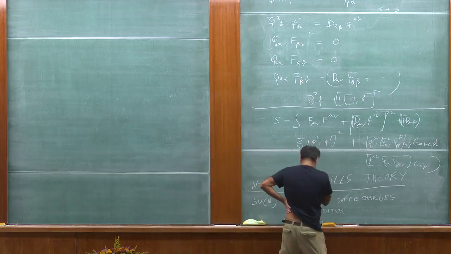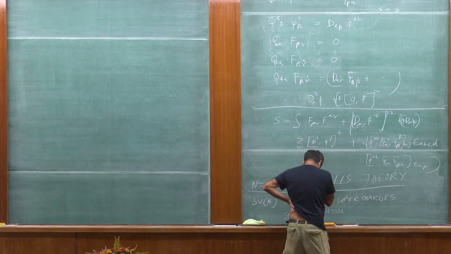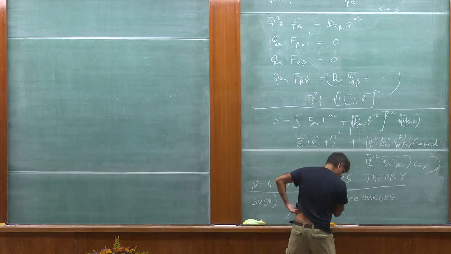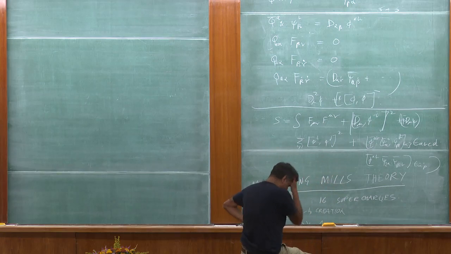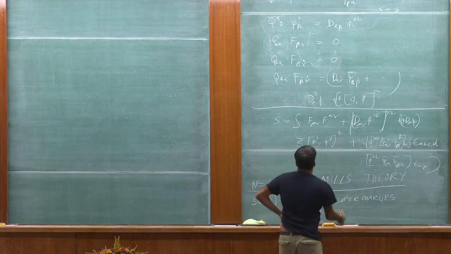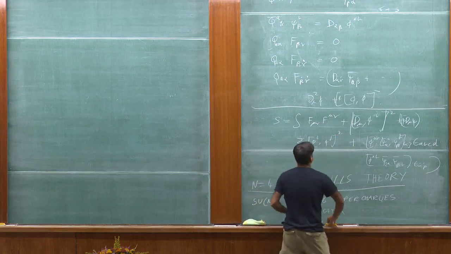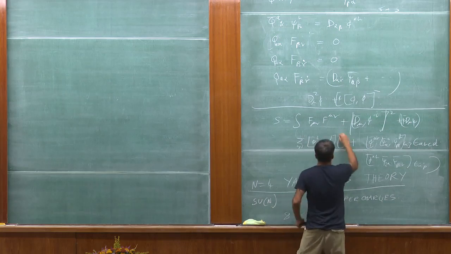Let me get the phi indices right. The indices on the potential term, that's fine because it's just mod squared.